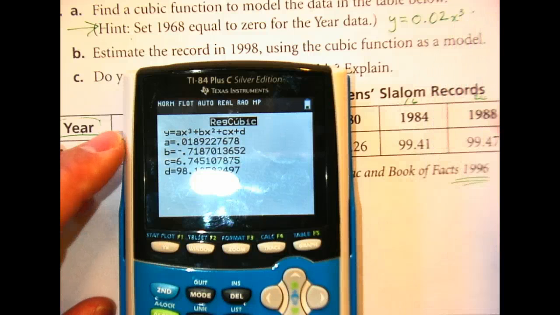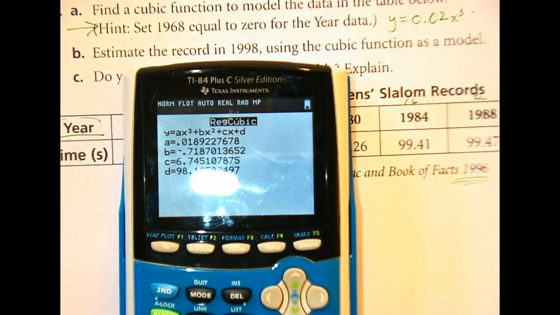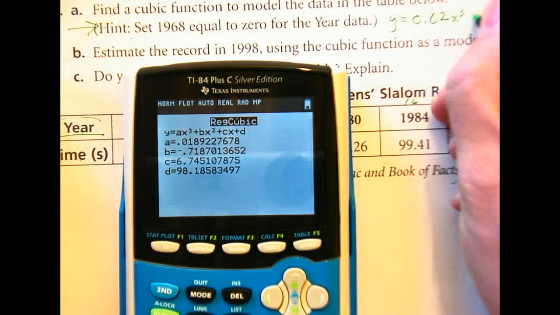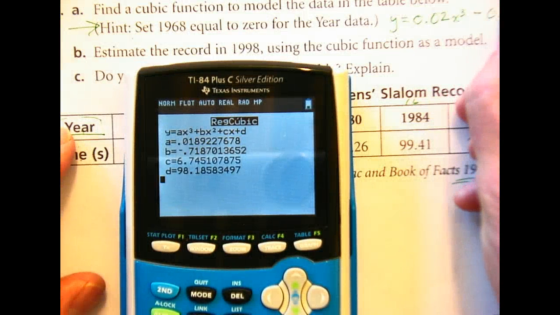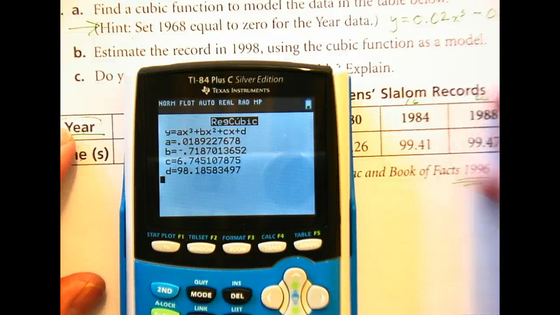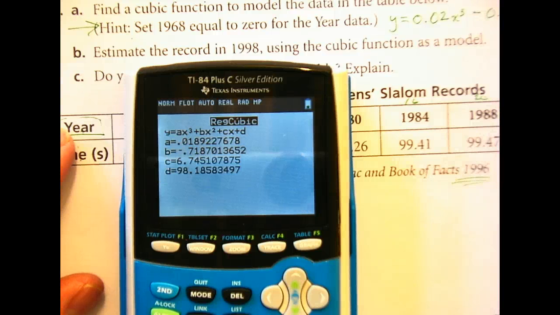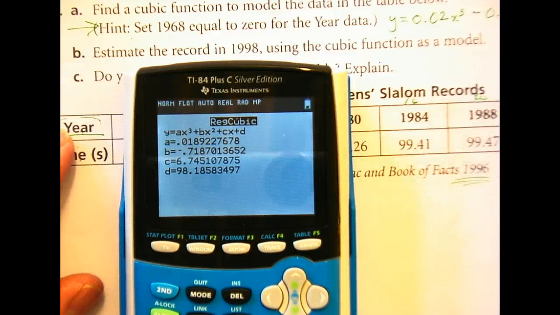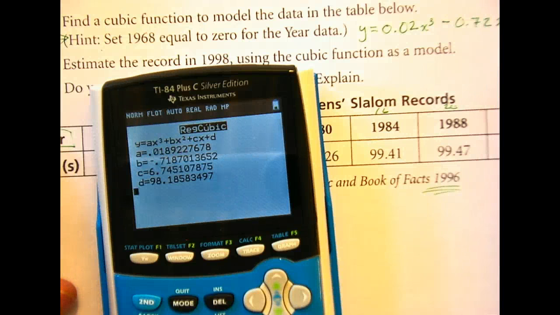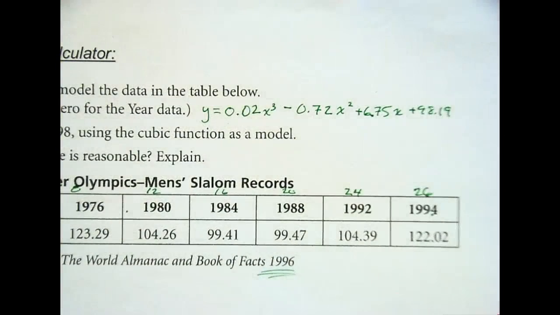Everyone go ahead and finish up your function there. Minus 0.72 x squared plus 6.75 x plus 98.19. All right. So there's our function.